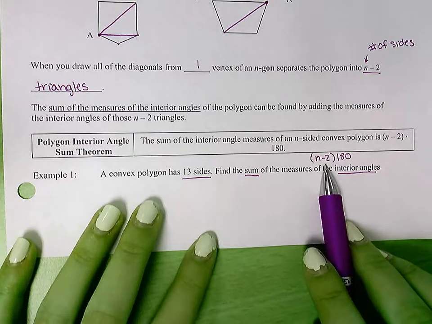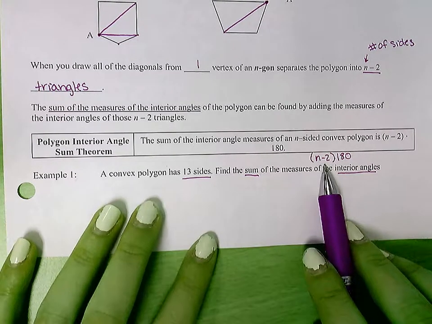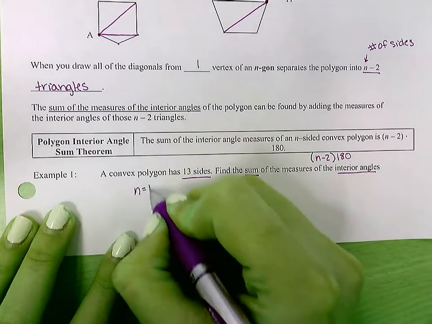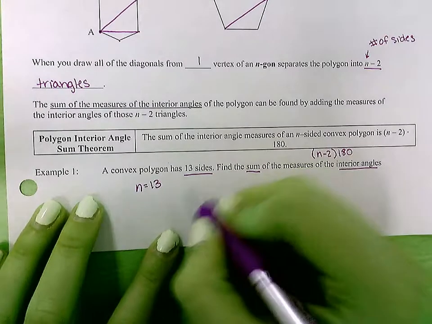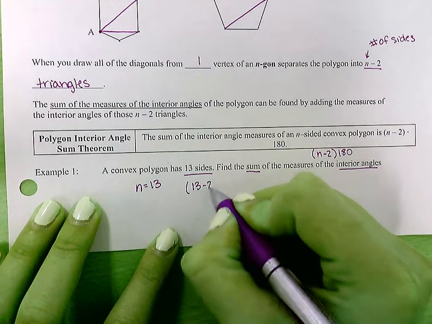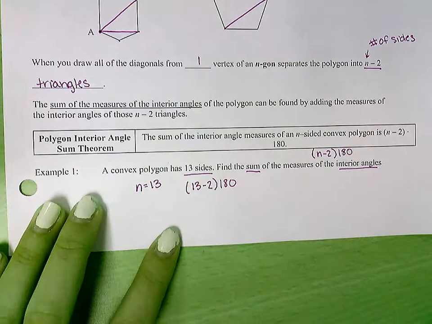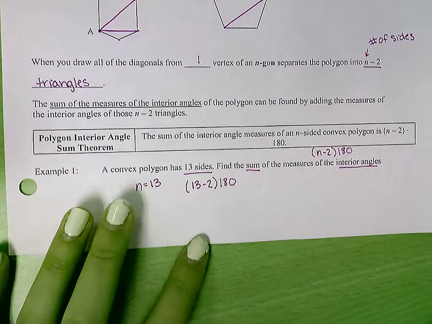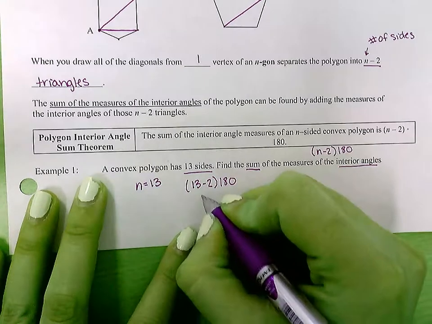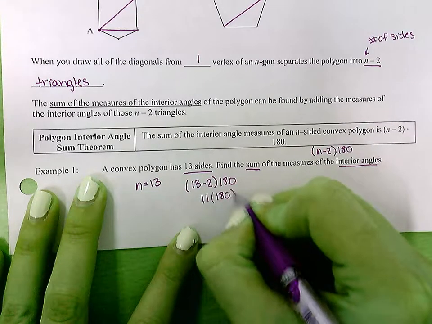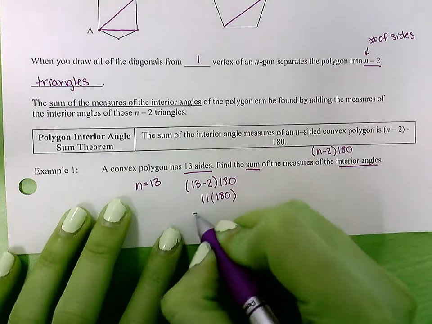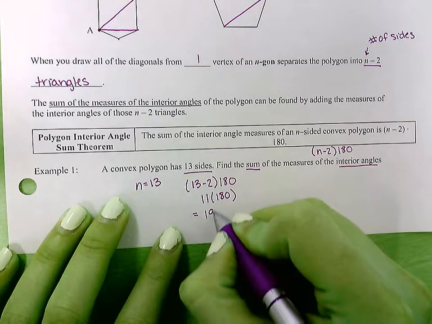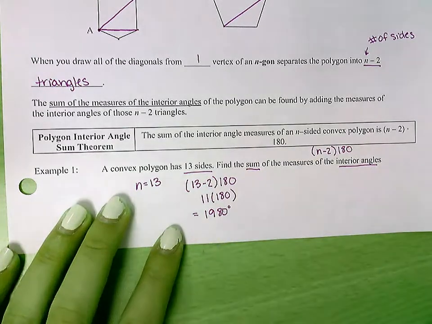So it's all of your interiors together. We're going to use this formula here to find that. Now, n in this case would be 13 because that's your number of sides. So I'm going to plug in 13 for n. So I have 13 minus 2 times 180. 13 minus 2 is 11. So I'm going to take 11 times 180. That is 1,980 degrees.